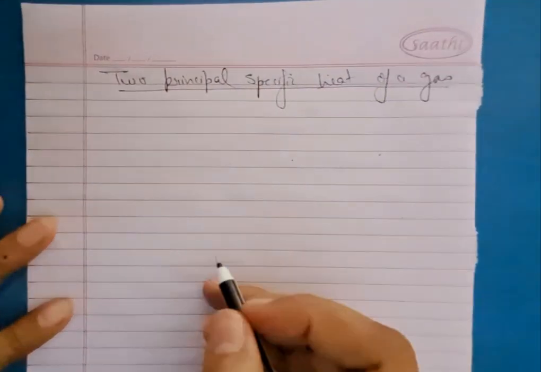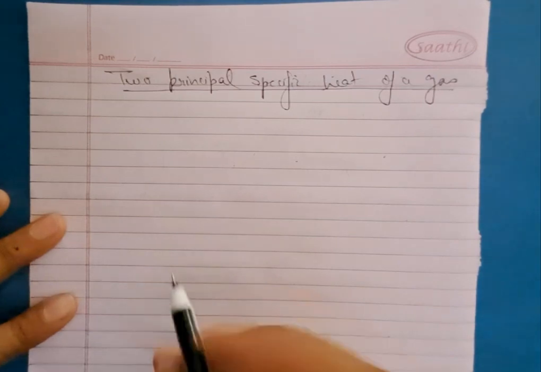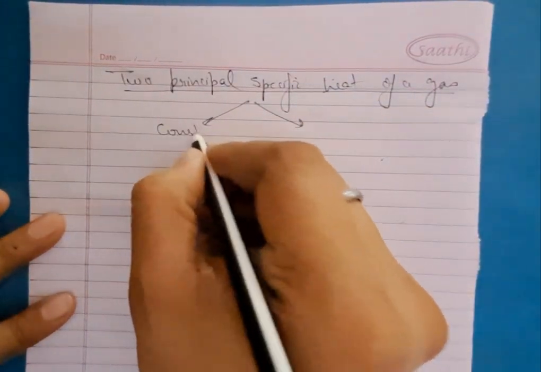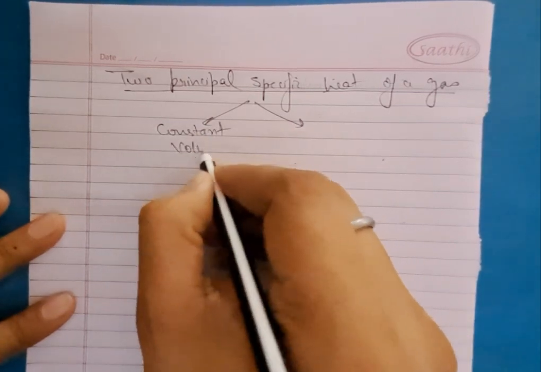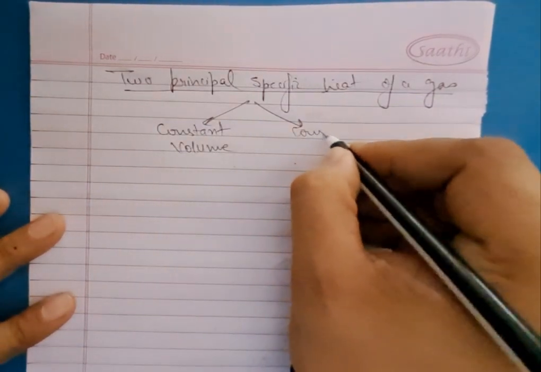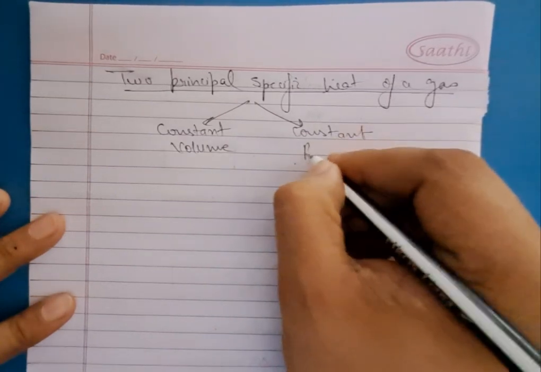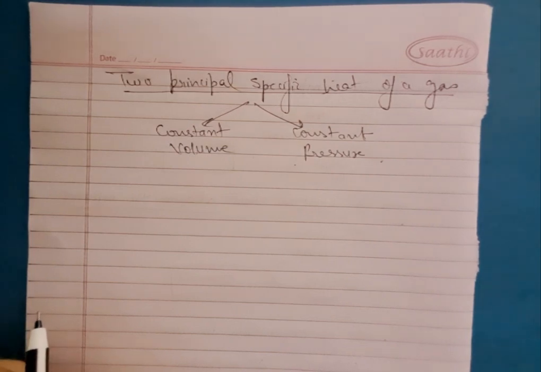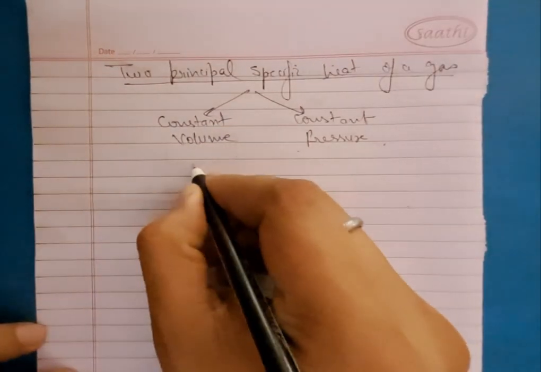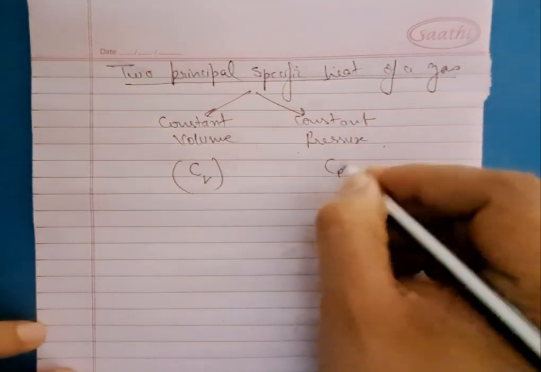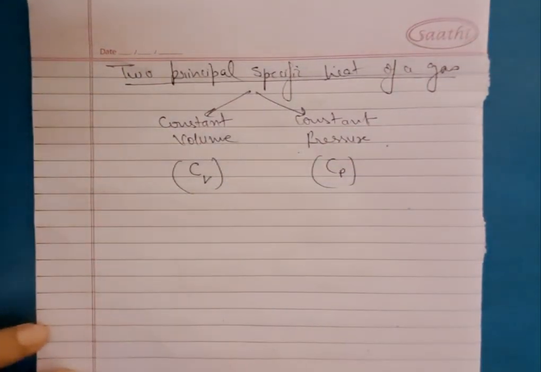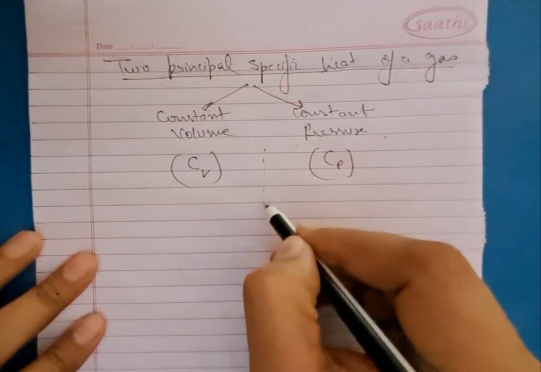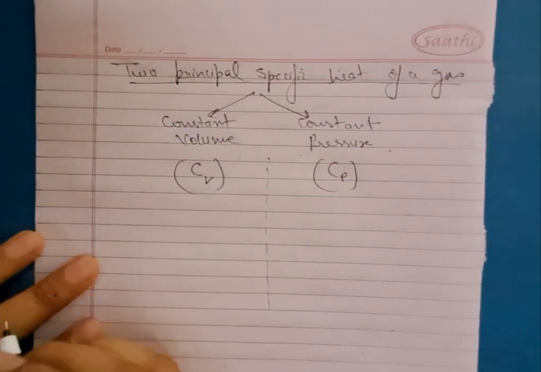As I have just told you about the temperature, there are some specific cases that are considered to be at constant volume and constant pressure. So the specific heat of a gas at constant volume is considered to be Cv, and this is to be considered at Cp. So what are these? Let us discuss in brief.